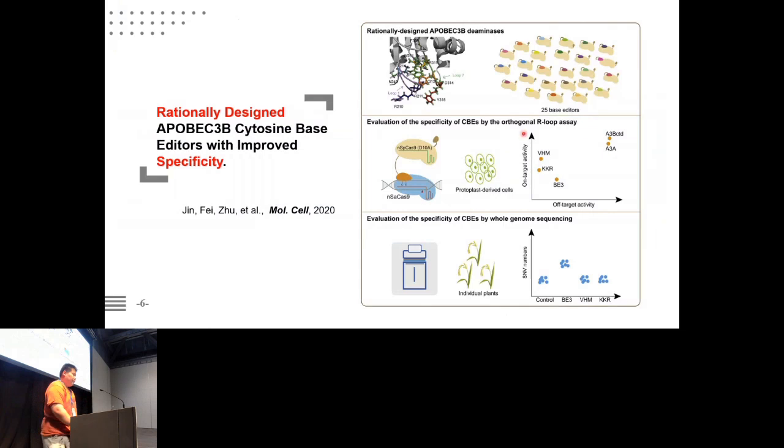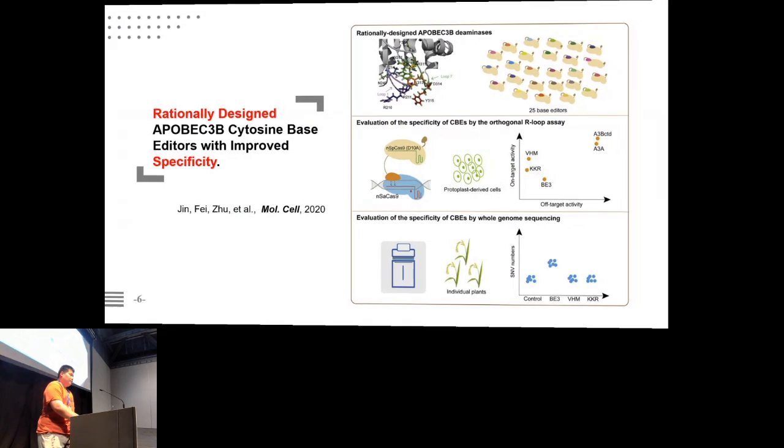We began with structure-guided rational design. By analyzing the protein structure, we created several deaminase variants. Among them, two showed much higher specificity, VHM and KKR, and became the basis for more accurate base editors.